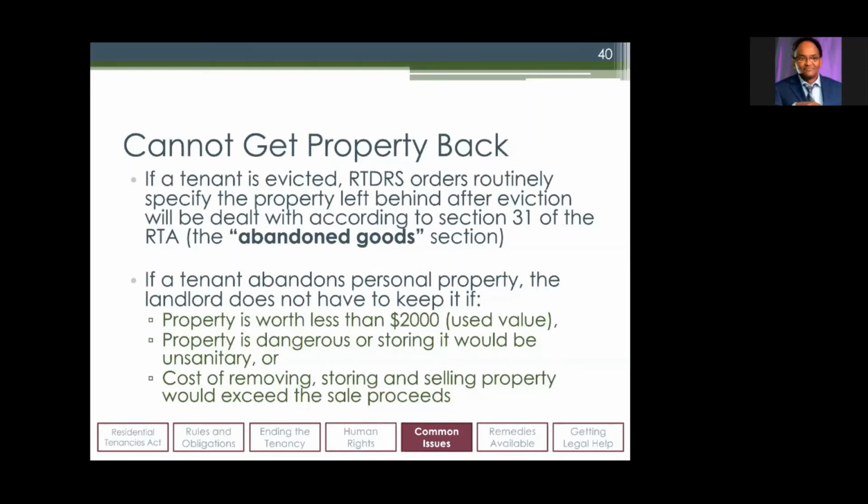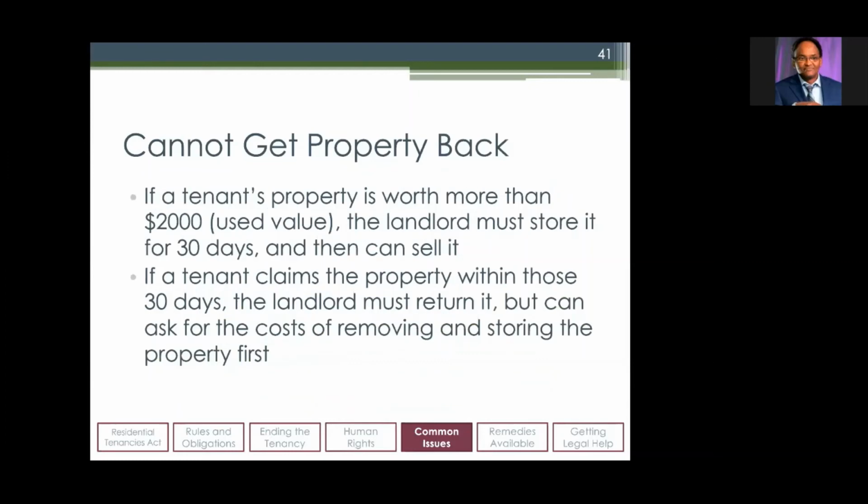So the tenant leaves and the property is left behind. The landlord is not obligated to keep it if the property generally is worth less than $2,000, like clothes left behind, pets and pens and pots. If we're looking at all of this together, it's going to be less than $2,000. If it is more than $2,000, after 30 days you can sell it.